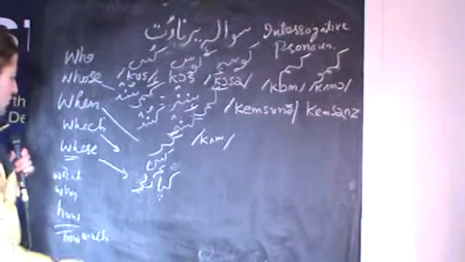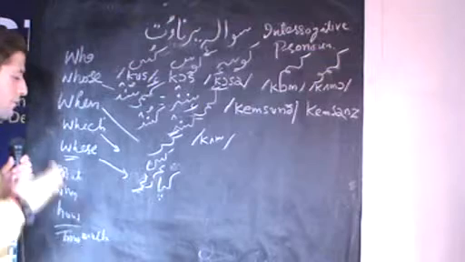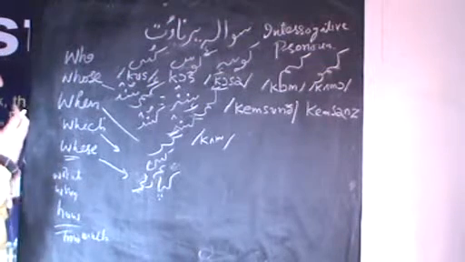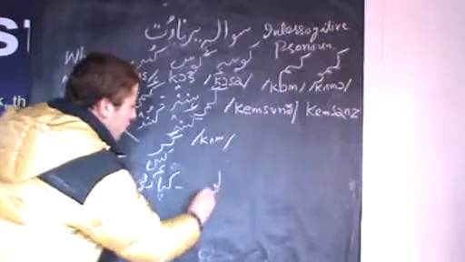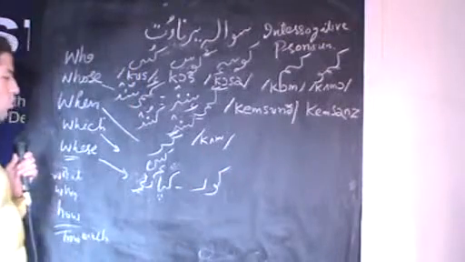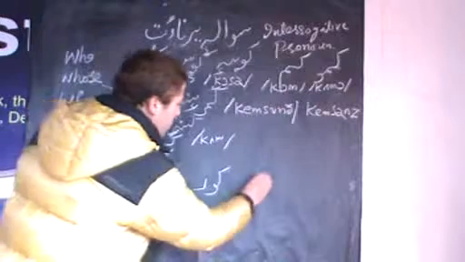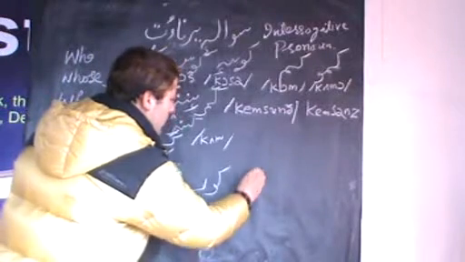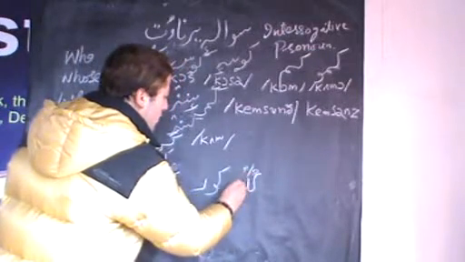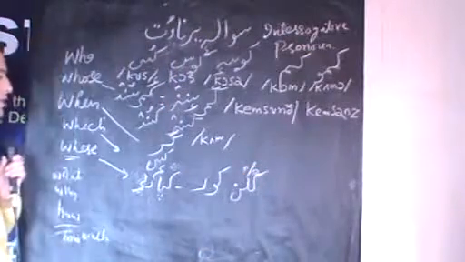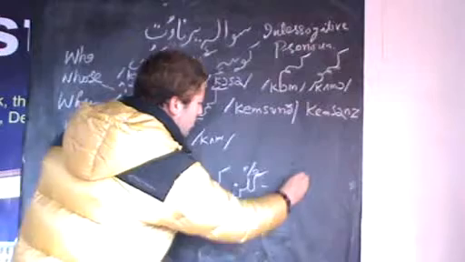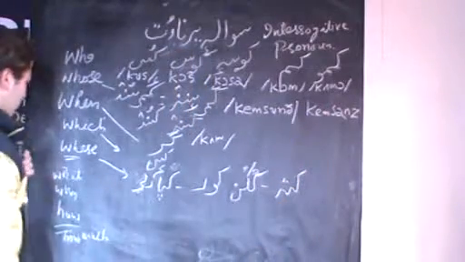Where, like we have also couple, like we sometimes use kor, like kokun, or sometimes kaiti. So you can remember couple.